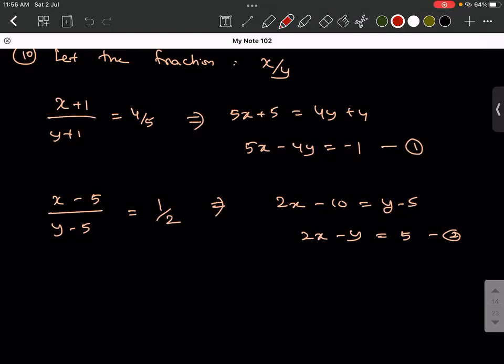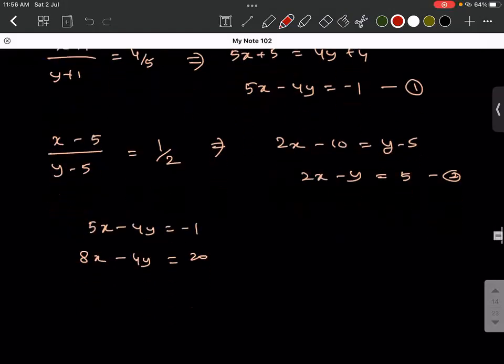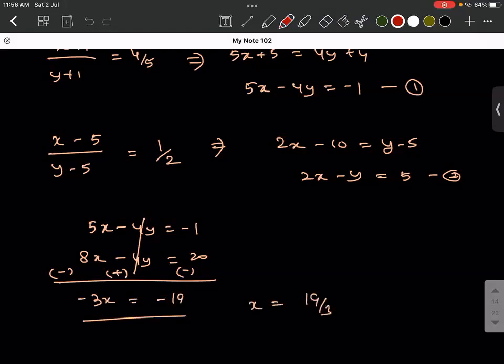Second equation, multiply with 4 and solve. So 5x minus 4y is minus 1, 8x minus 4y is equal to 20. Subtract both, cancel. Minus 3x is equal to minus 19. So x is equal to 19 by 3.